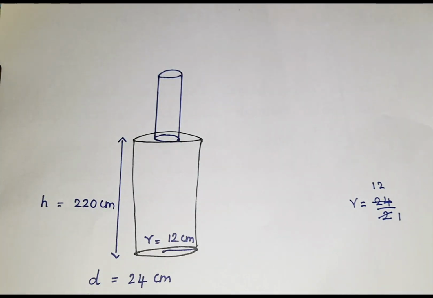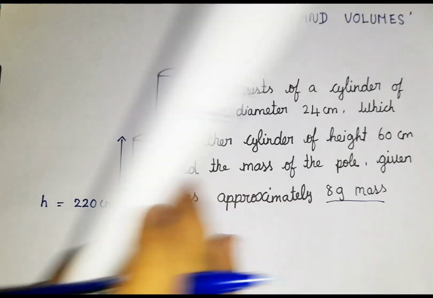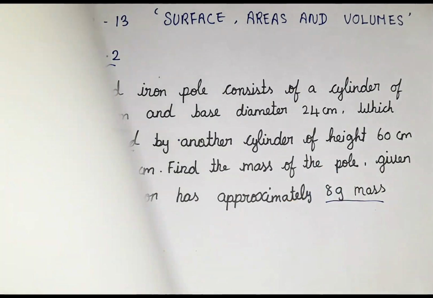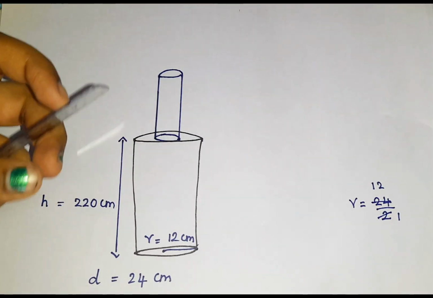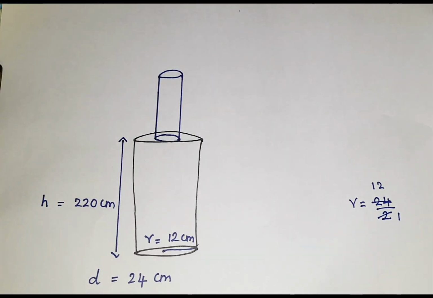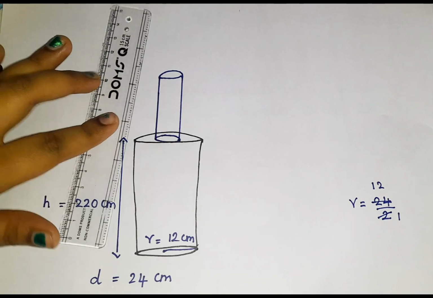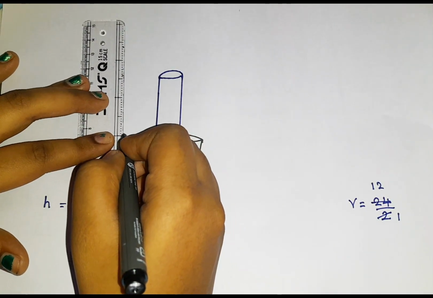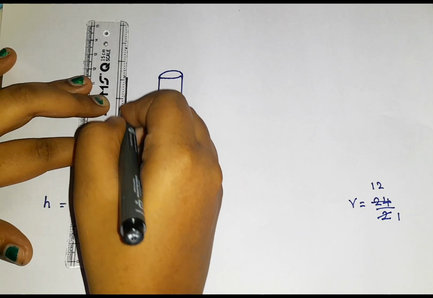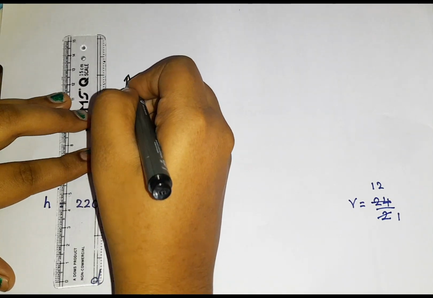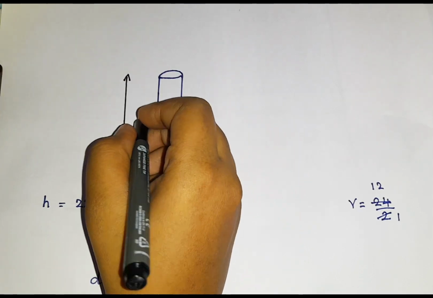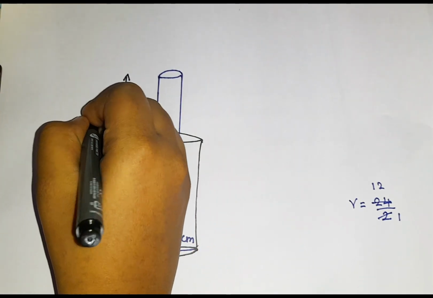Okay guys, so what is the height? So the height is 60 centimeter. So let us draw. So from here, okay. So the height of this cylinder is 60 centimeter.